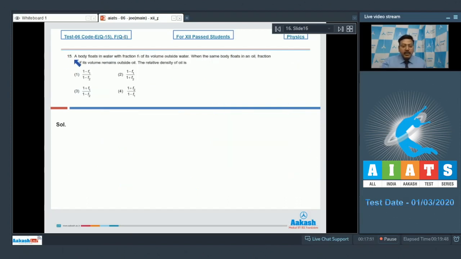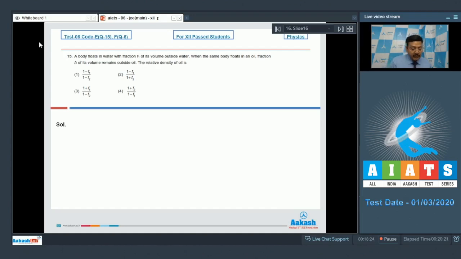Question 15 says a body floats in water with fraction F1 of its volume outside water. When the same body floats in an oil, fraction F2 of its volume remains outside oil. The relative density of oil is. Clearly the question is from the topic fluids, and it's based on the Archimedes principle. When the body floats, the weight of the liquid displaced in fact is equal to weight of the body.